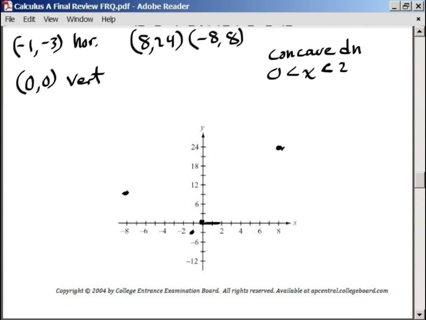So let's redraw it here. I can't concave down to get down to this point, so I'm going to concave up. And then when I get to this point, I'm making sure that I go vertical, because I'm supposed to have a vertical tangent line there. And then I'm concaving down right here, but as soon as I hit the 2, I'm going to start concaving up.